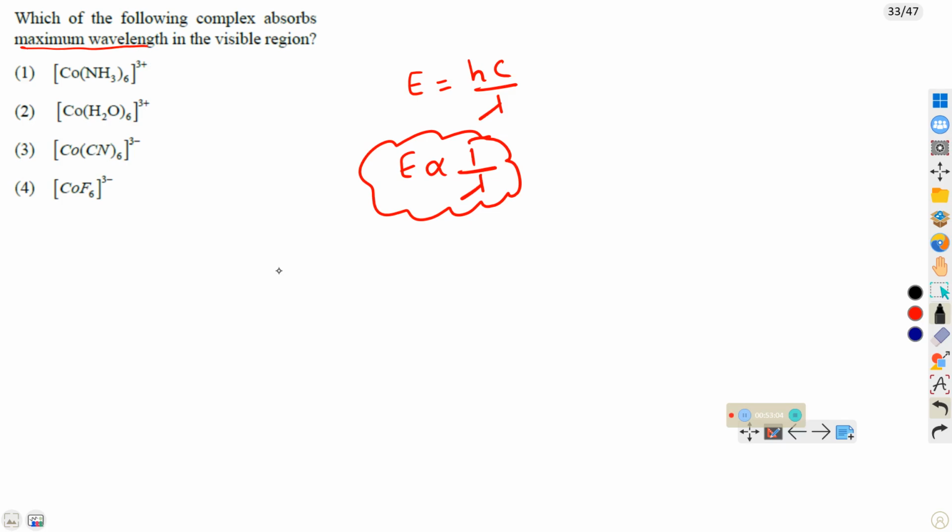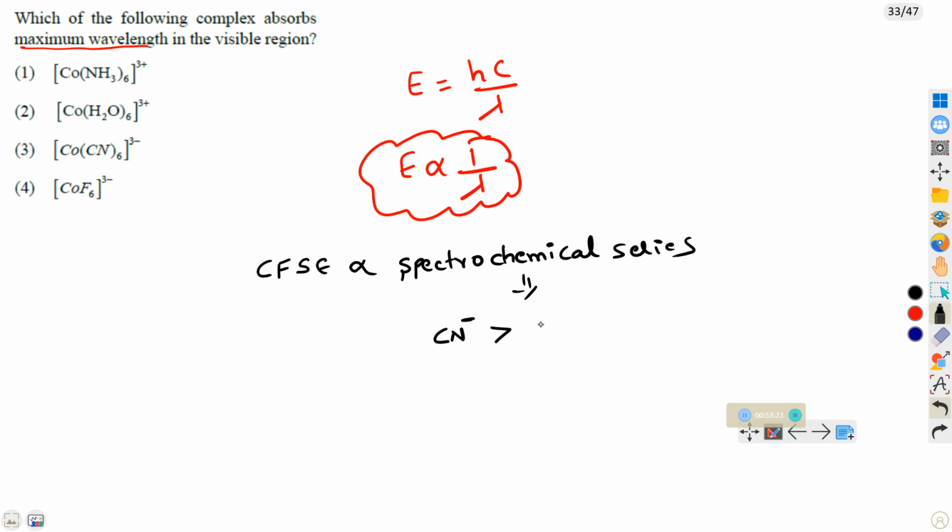Crystal field splitting energy is directly proportional to spectrochemical series order. According to that, the order is CN minus greater than NH3 greater than H2O greater than F minus. Fluoride has the least crystal field splitting energy, so its wavelength is more.